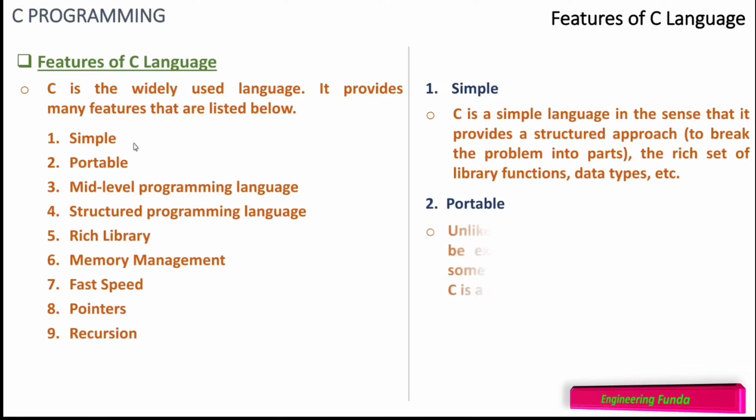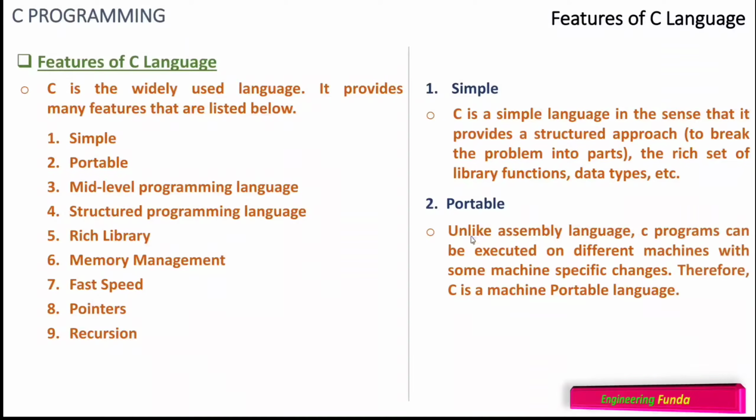Portable. So the second feature says it is portable. Unlike assembly language, C programs can be executed on different machines with some machine-specific changes. Therefore, C is a machine portable language.